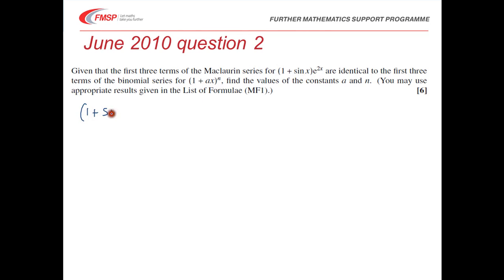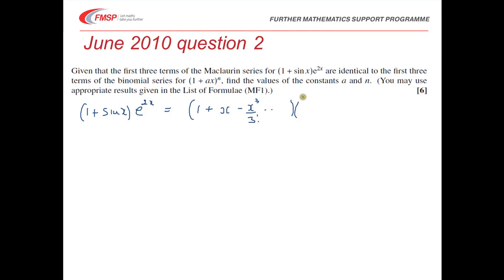If we just do that, substituting in those expansions, and we only need the first three terms, then 1 plus sin x is going to be 1 plus the series for sin x, which will be x minus x cubed over factorial 3. But actually we're not going to need that one, so we've just got that bit.